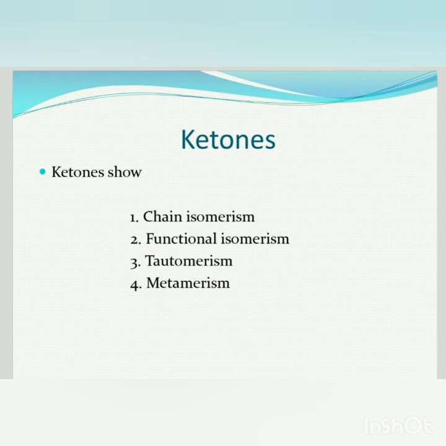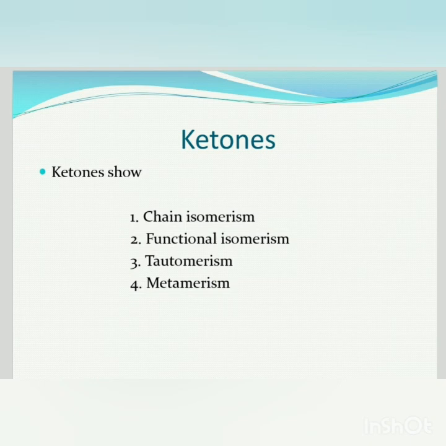Next, the fourth type of isomerism is metamerism. So what is metamerism? Here metamerism occurs in the same homologous series. It is due to the presence of different alkyl groups attached to the same polyvalent functional group or atoms.